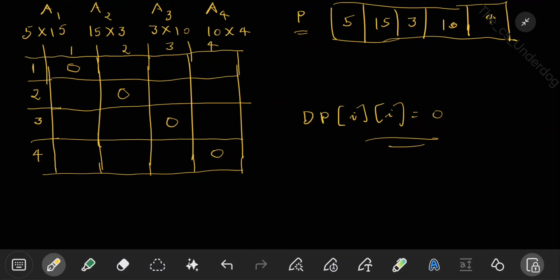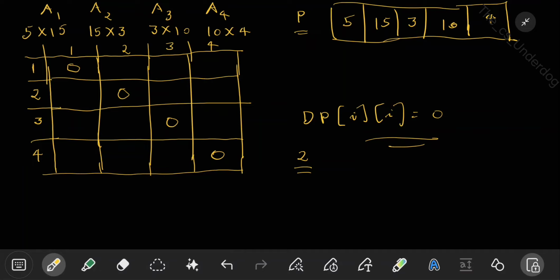This signifies all those sets of matrices where a total of 2 matrices are involved. The first diagonal signified those sets in which only one matrix is involved. The second diagonal says those in which 2 matrices are involved.